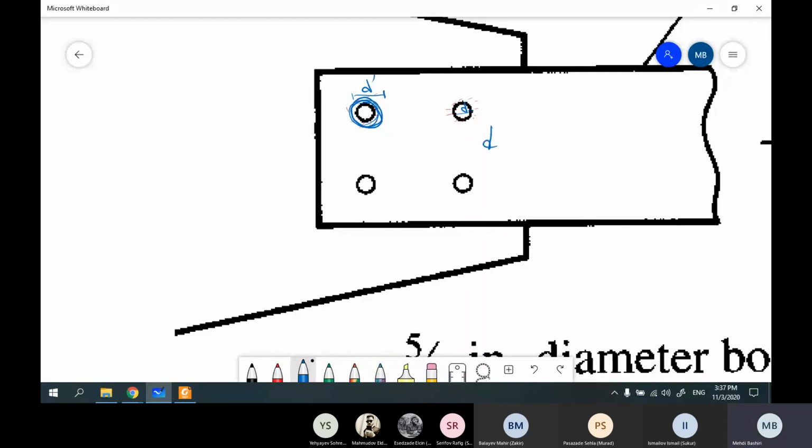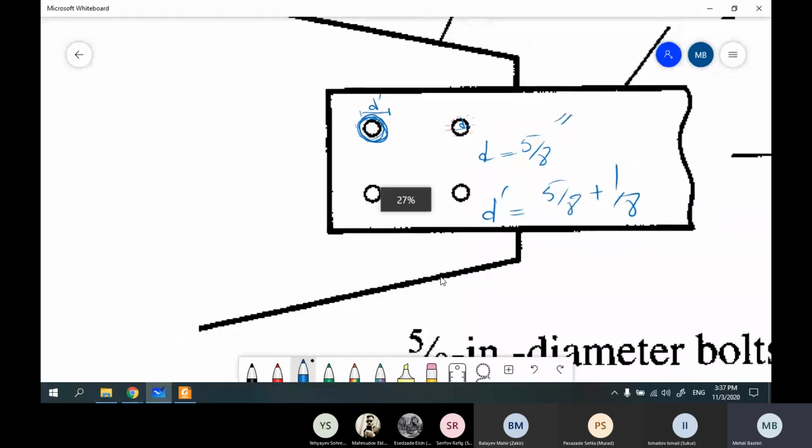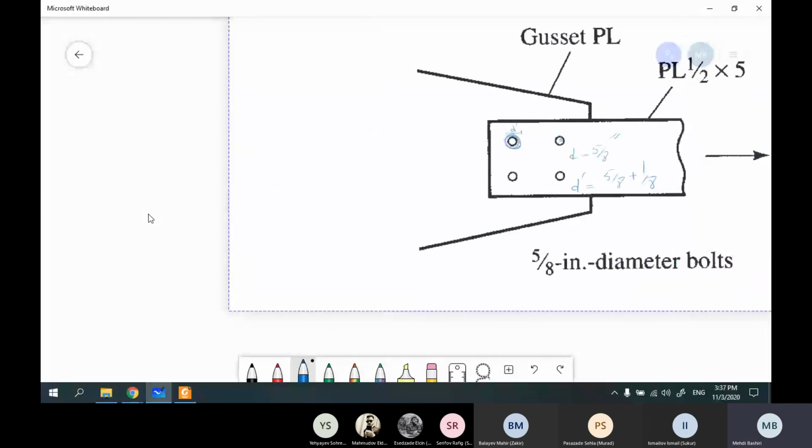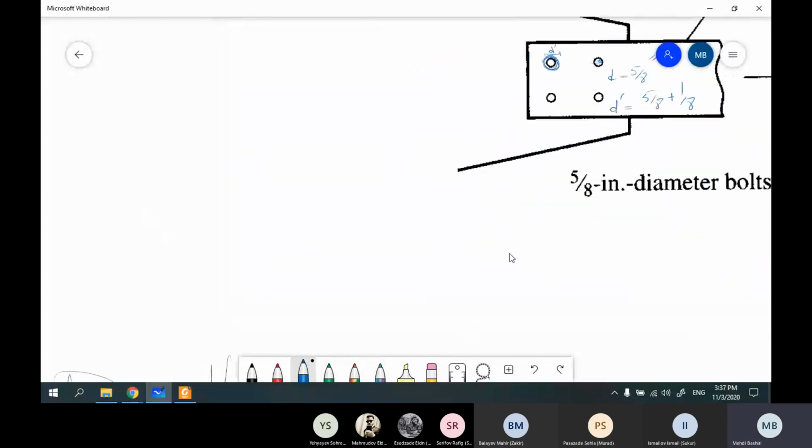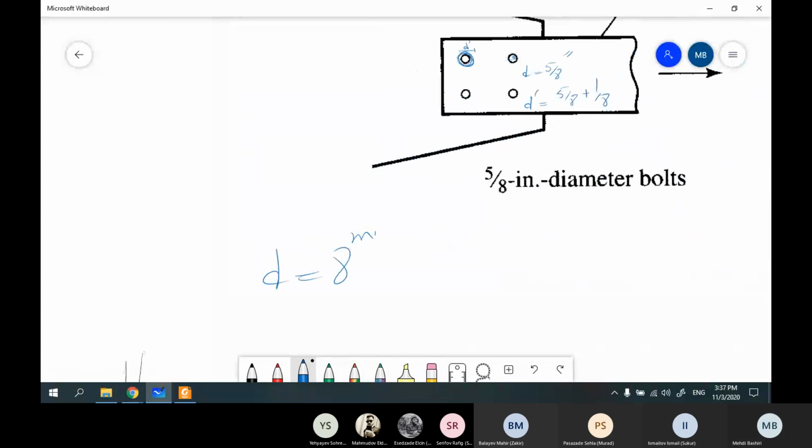In this question, D is 5/8 inches. What is D prime? 5/8 plus 1/8. But if the example is in SI unit, for example, the diameter is 8 millimeter, what is D prime? 8 plus 2.